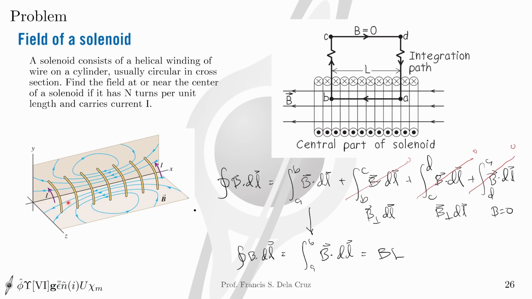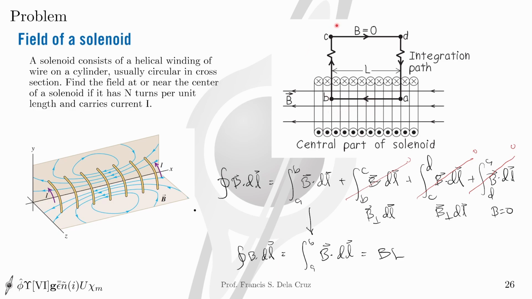I think this is just for the visual, because if you want to design a solenoid with high strength that can produce strong magnetic fields, you need these turns, or these coils, to be packed together. So this is the schematic of the solenoid where we will use the Ampere circuit law to solve for the magnetic field.